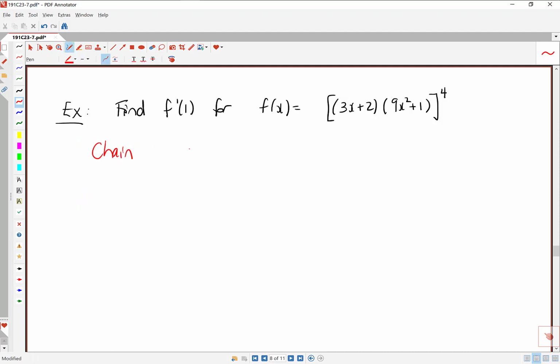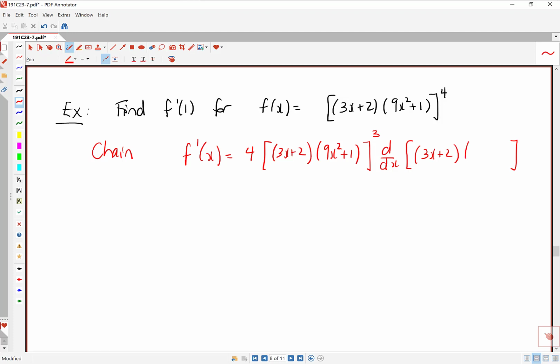So our derivative f prime of x, well, we're going to bring the 4th power down. Power will decrease to 3. Inside function will stay the same, so we'll recopy that. And then we need to multiply by the derivative of the inside function. So multiply by the derivative of 3x plus 2 times 9x squared plus 1.